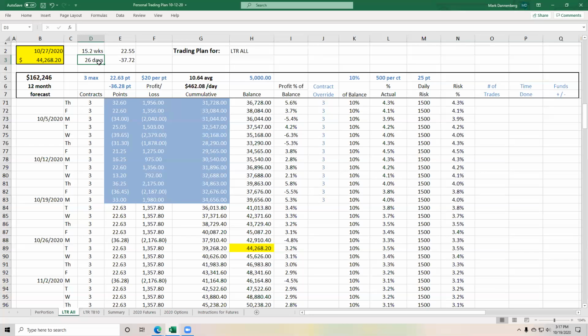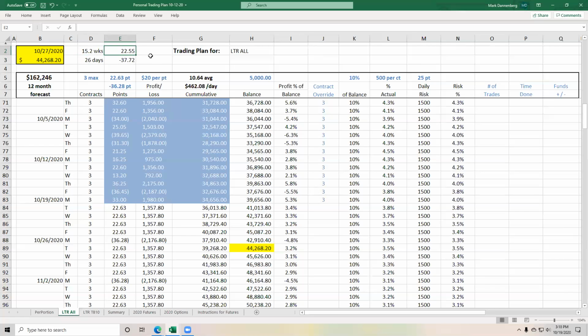That's the nature of what the trading has been like during this 9:30 to noon category. So our calculations here that are taking a look at winning days and average losing days take into account this frequency rate, this ratio of 26 days of loss per 15.2 weeks.